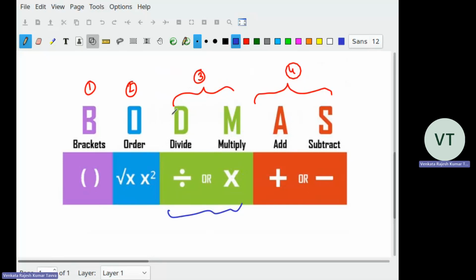It's just that they are one group. That's it. It can even be called BODMAS or anything, whatever it is. Okay, so you can interchange division and multiplication. So D and M order doesn't matter. Similarly, A and S order doesn't matter. All right. Okay.